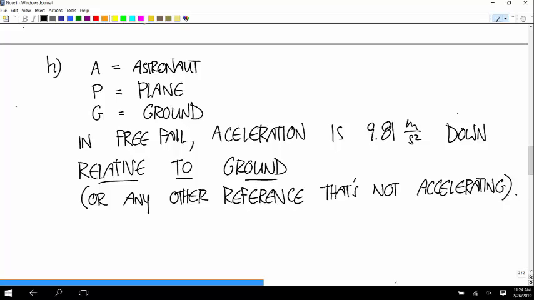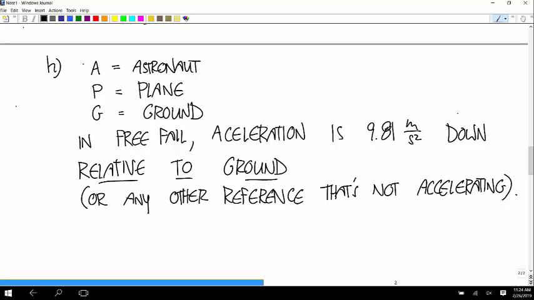So if you're in an elevator and at an instant that it's accelerating, you drop an object, the acceleration of the object relative to the elevator is not going to be down at 9.81 because the elevator is accelerating. This only works for a reference that's not accelerating. Usually in these problems, that's the ground.